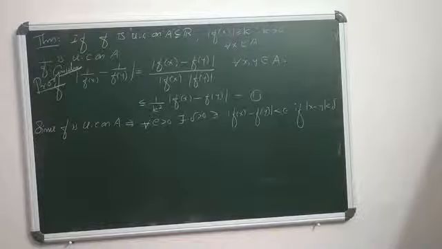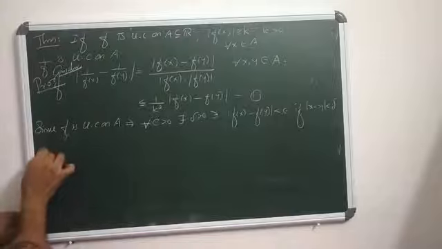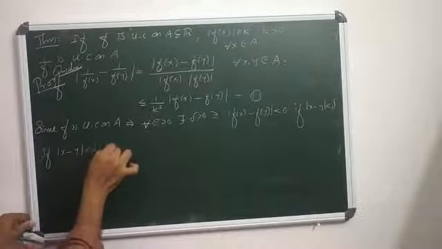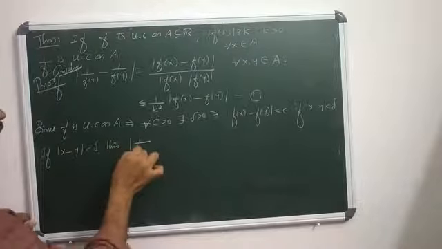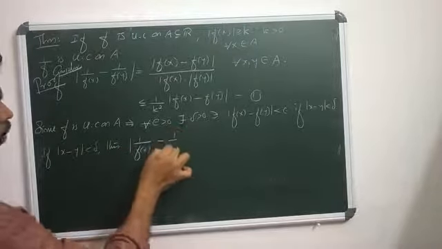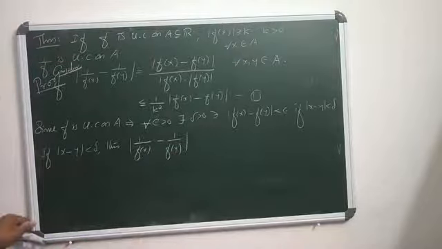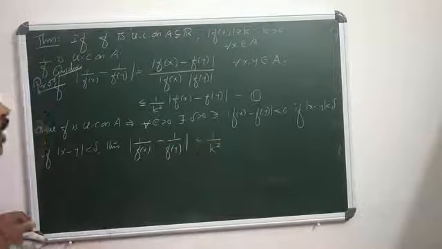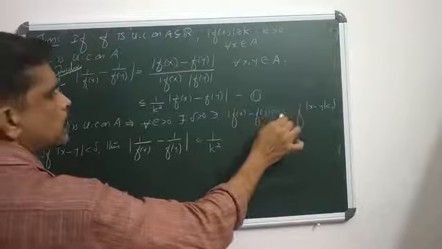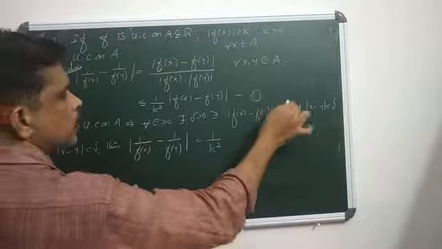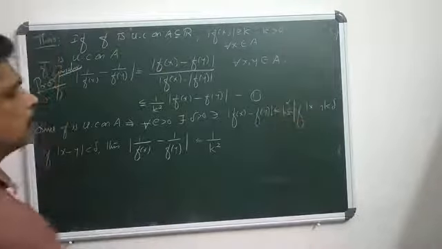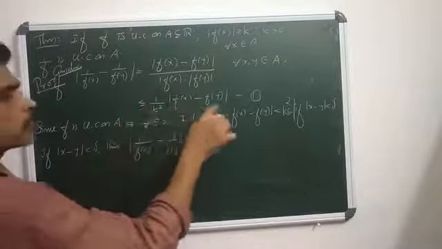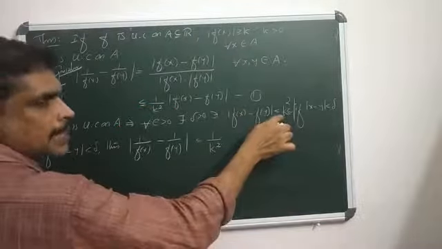So, if mod x minus y is less than delta, then modulus of 1 by f of x minus 1 by f of y is less than or equal to 1 by k square into mod f of x minus f of y, which is less than k square epsilon.